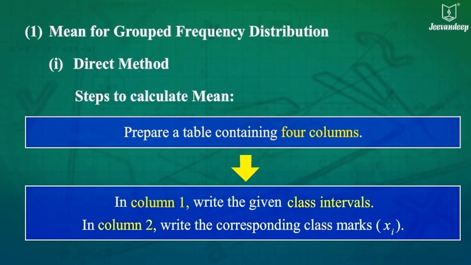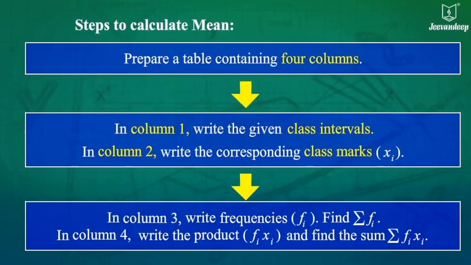In column 2, write the corresponding class marks, that is xi. In column 3, write frequencies fi. Find sigma fi. In column 4, write the product fi xi and find the sum sigma fi xi.